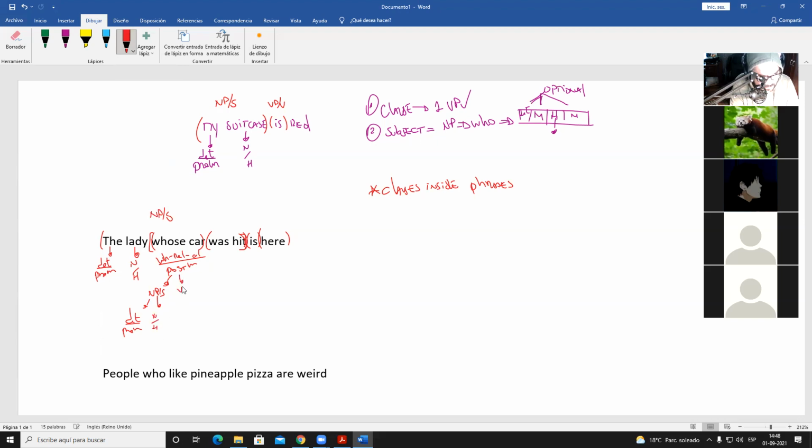Next to that is very simple. We have the verb phrase with two different verbs: was, which is an auxiliary verb pre-modifier, and then hit, which is the verb head. Interesting thing is this, where whose is a determiner pre-modifier.